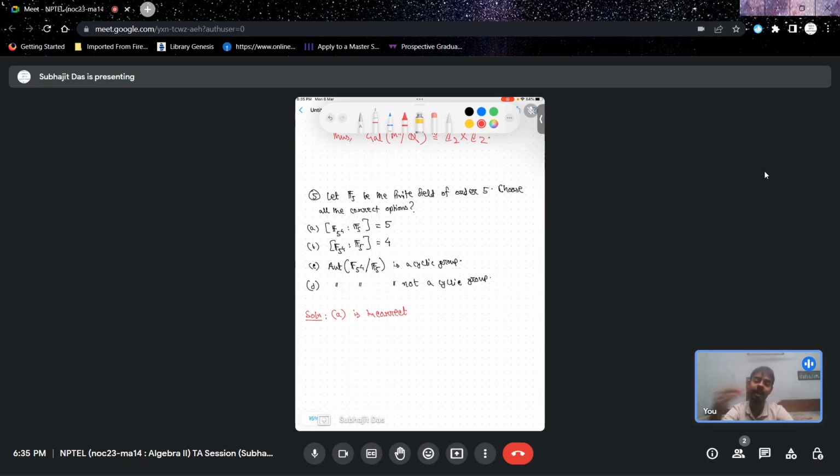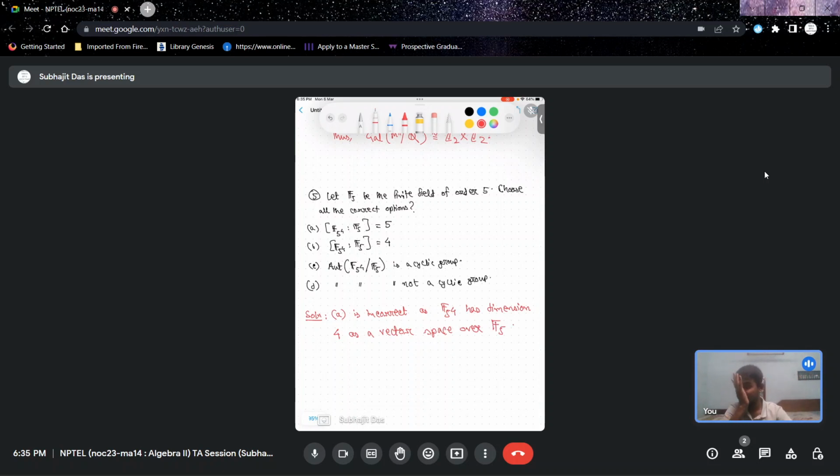So if F5 power 4 has dimension 4 as a vector space over F5, then the degree of this extension has to be 4.